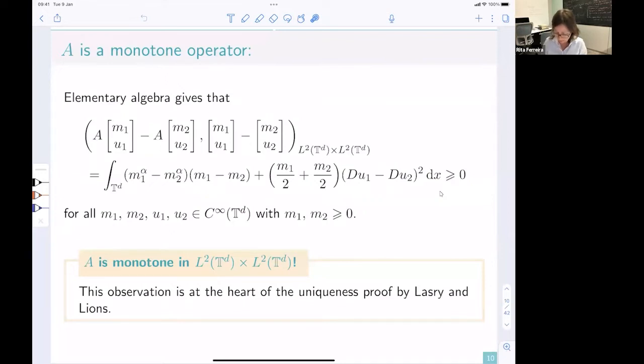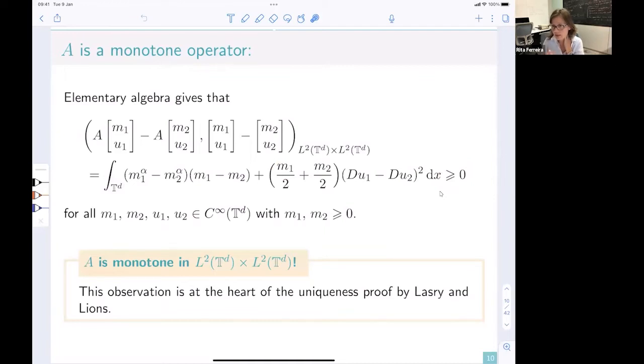And this is monotone because M to the alpha is a monotone function, so this is non-negative. And this part, because I'm taking M's to be non-negative, this is my domain, is also a non-negative term. So the sum of two non-negative terms gives a non-negative quantity, and what this is saying is that A is monotone in L2 cross L2.